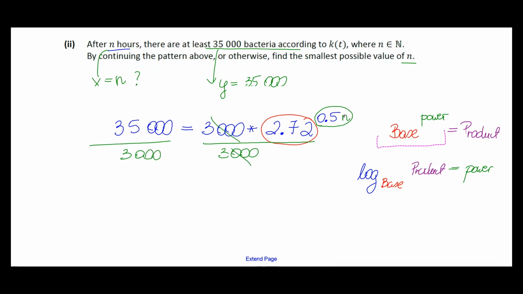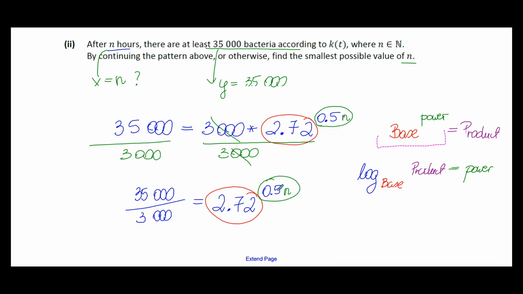So that means I am left on this side of the equation with a fraction. We can put that in the calculator and find the value or not. It doesn't matter. That's not our final answer. And we have 0.5n. So now I clearly have, that's my base. That's the number that is taken to this power. And this is the product, meaning the outcome of that multiplication.